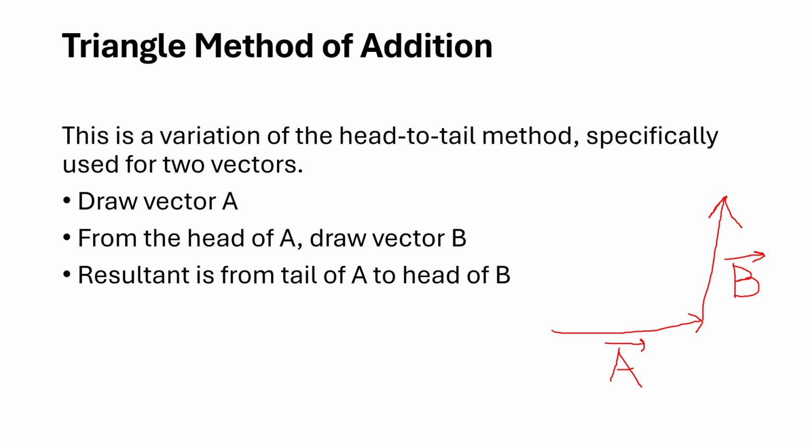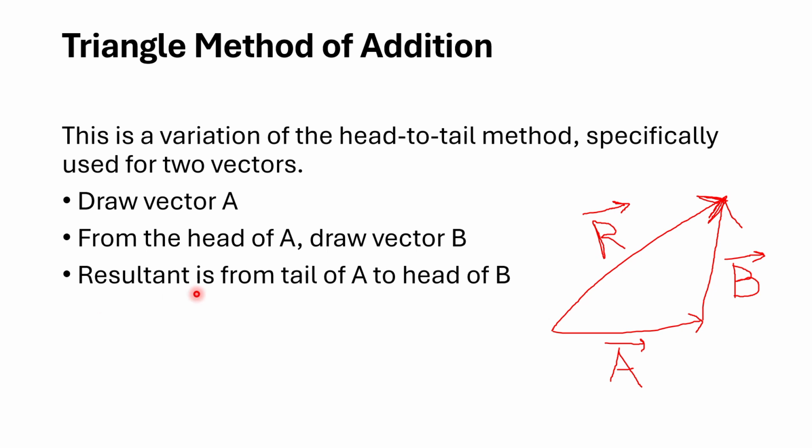So now about the resultant vector. The resultant vector, as I have told you, will be from the tail of the first vector to the head of the last vector. Here that is the second vector. So this one vector will be the resultant vector. And why is this method also called the triangle method?